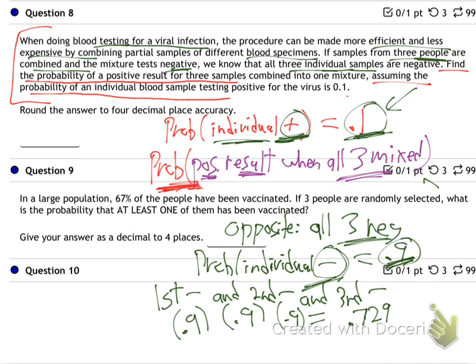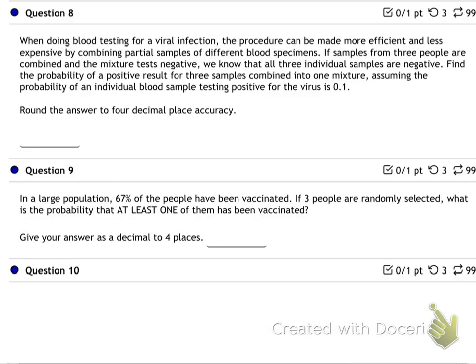If there's a 0.1 chance for an individual coming out positive, then there's a 0.9 chance of an individual coming out negative. Want me to step back again with this? I know there's a lot to do, but see what they're saying right here? The probability of an individual, just one of them, coming out positive is 0.1.